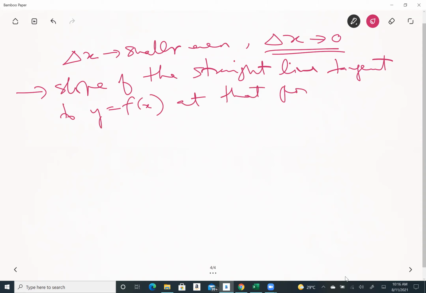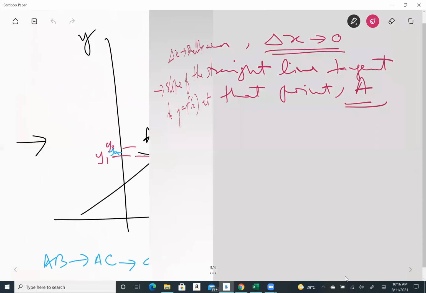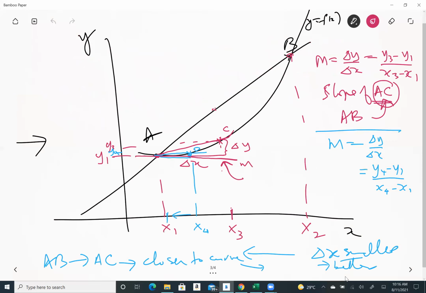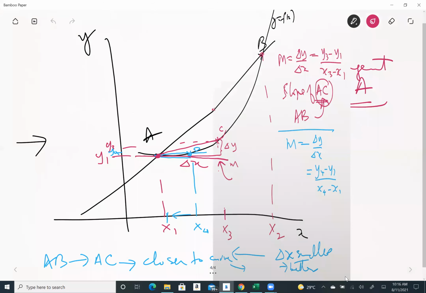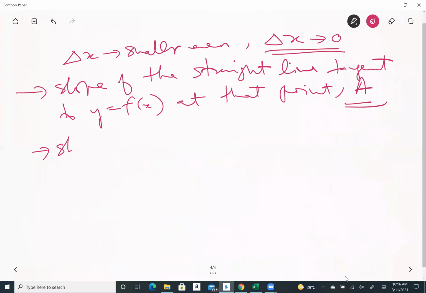And what is the point that we're talking about? Point A. So what you will get will be just the slope of a straight line tangent to the curve at that point A. So that is what? That is the best estimate of the slope. So what you got here is you have slope at a point, because the change in x is very, very small.